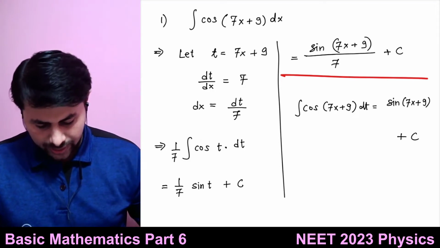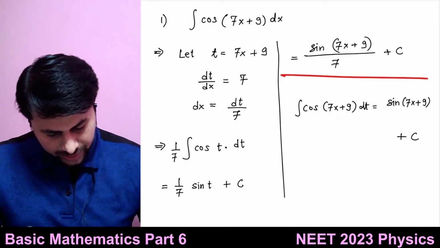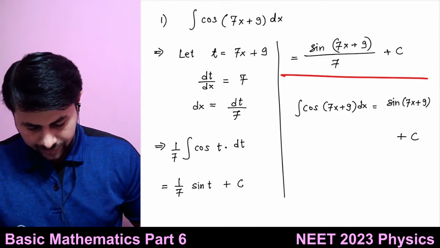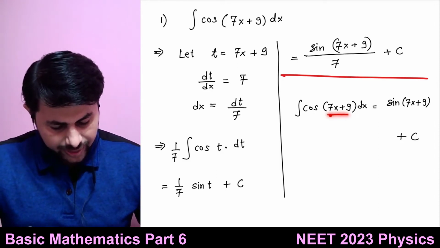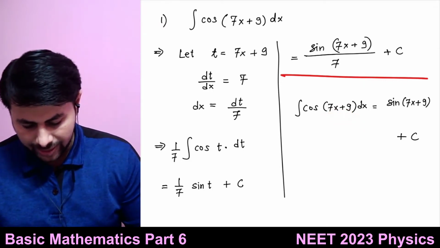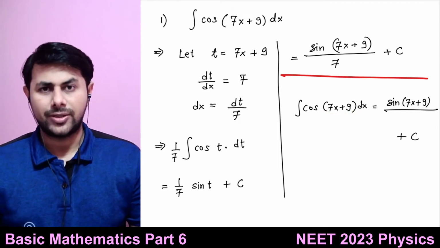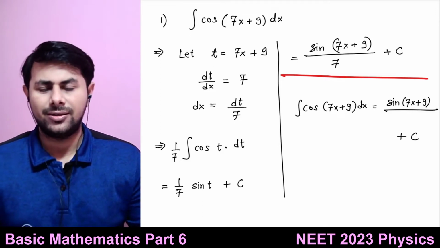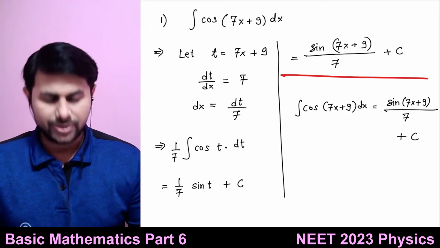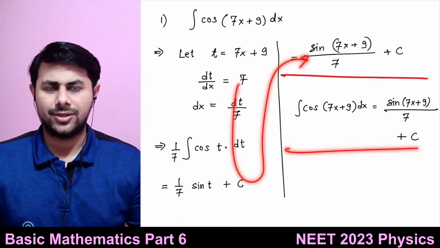Oh, I'm sorry, it's the integral of this thing dx, not dt. So I am taking the integration of cos of this thing, and it will be sine of that thing divided by the derivative of the term inside the bracket. What is the derivative of 7x plus 9? 7. Okay, so I will put 7 here. So instead of doing all of these steps, we can do it in one step only.